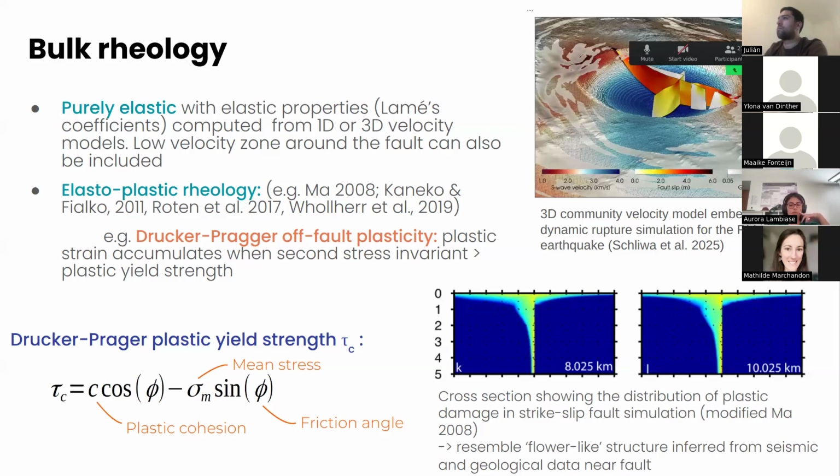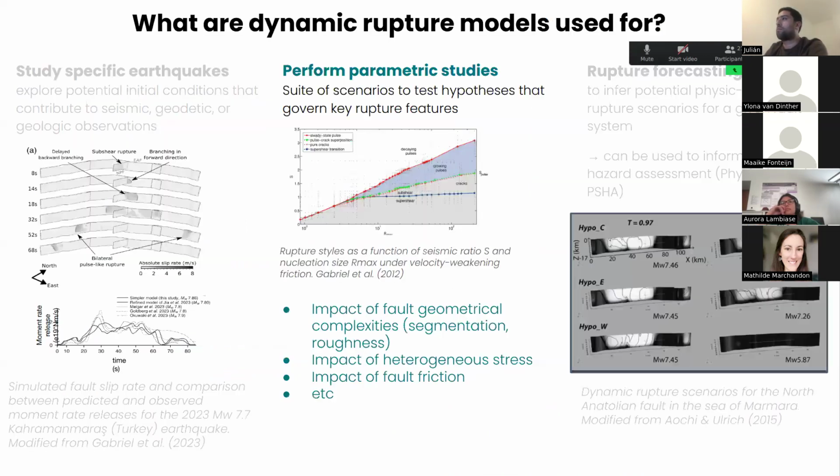The plastic yield strength of the rock depends, among other things, on the plastic cohesion of the rocks. Here on this figure, you can see a cross-section showing the distribution of plastic damage for a strike-slip simulation that resembles the flower-like structures that are inferred from seismic and geological data.